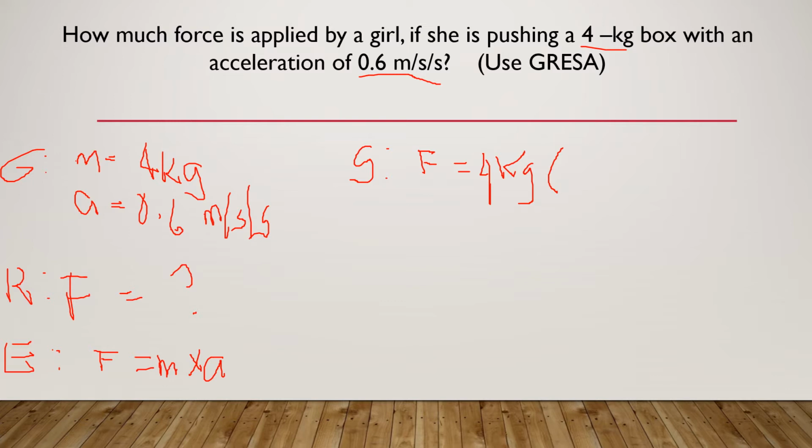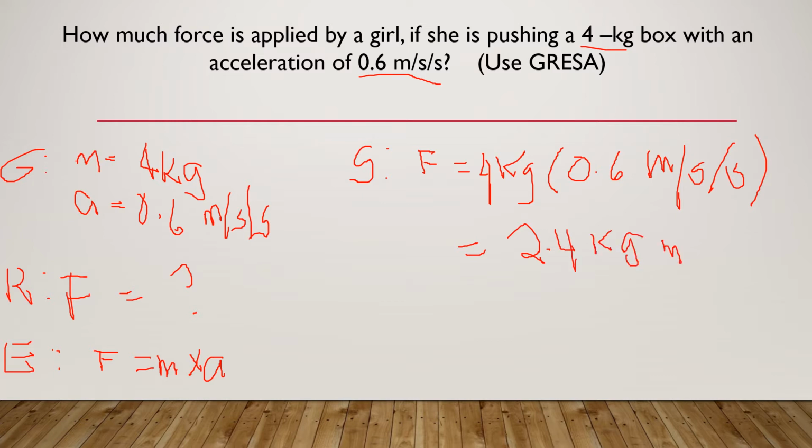Now, substituting the value of acceleration, we have 0.6 meter per second squared. Now, you just need to multiply 4 by 0.6. And then, the correct answer is 2.4 kilogram meter per second squared.